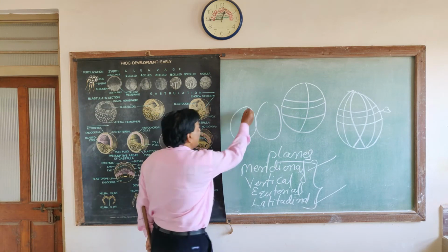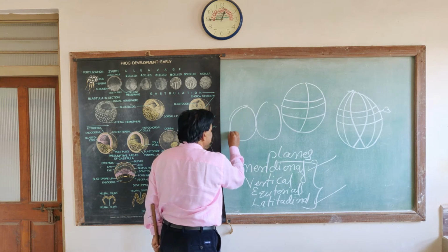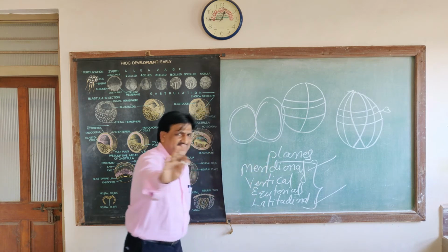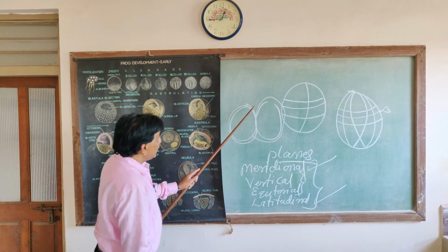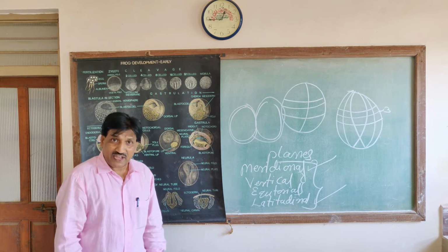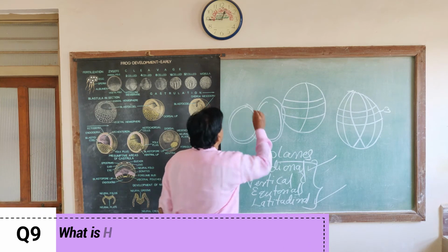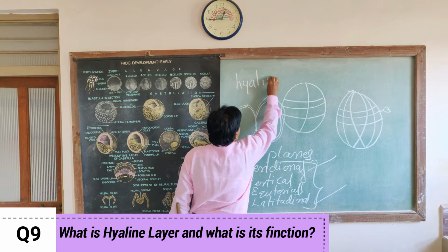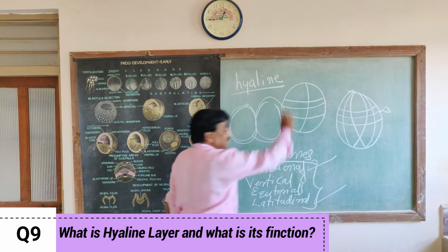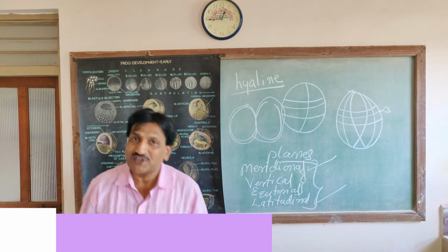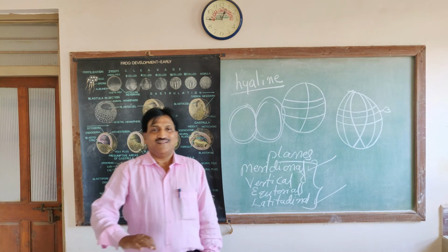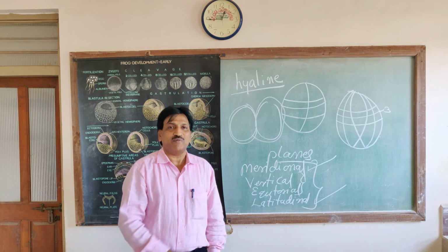Every cell has what is called the plasma membrane. This is a diagram. Above the plasma membrane there is a kind of layer that is called the hyaline layer, on the outer side of the plasma membrane.